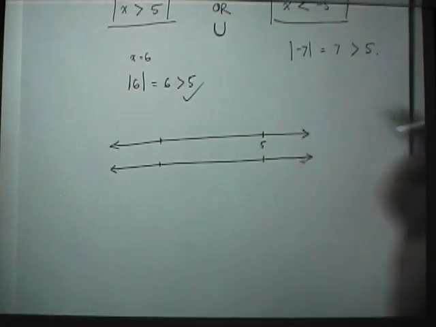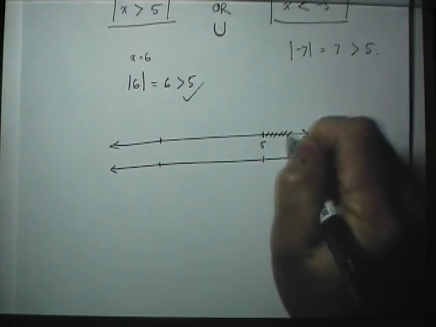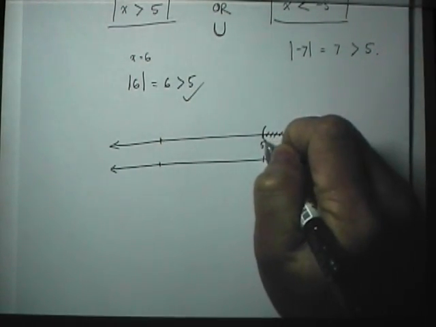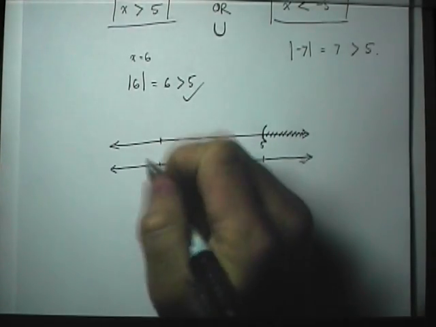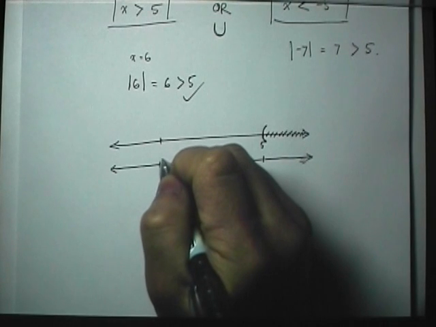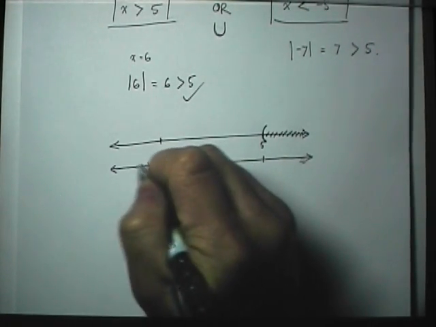So 5 here is my first value. And then for my first solution, I want x greater than 5, and I use parentheses on 5. For the other solution, I want x less than 5, less than negative 5, I'm sorry. So here's negative 5, and then I'm shading to the left-hand side.